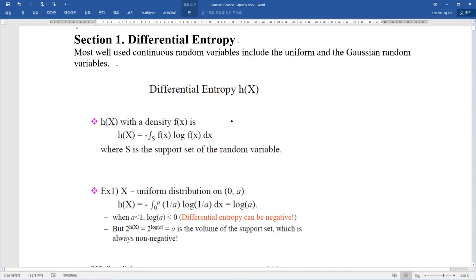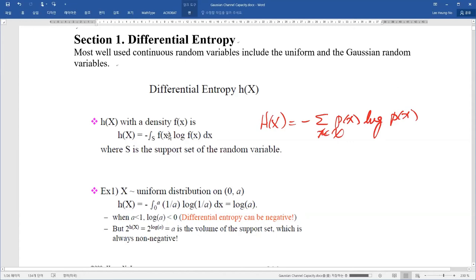So this obviously has the similar flavor, right? So we had this one so far. But this has now this form in terms of integration.